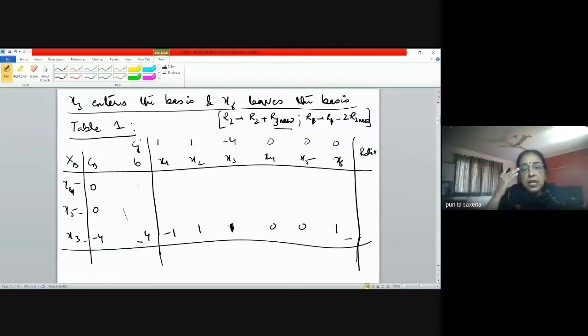And how do you change that? Define your new R3. So basically your new R3 should be R3 upon the pivot element. That's what we did to make it 1, which in this case was 1. So for this particular case, new R3 is the same as old R3. Now start performing the operations.